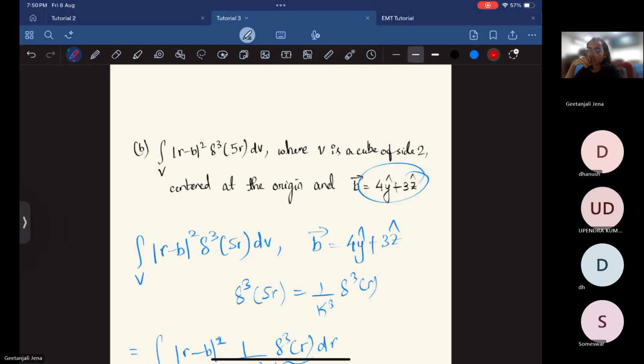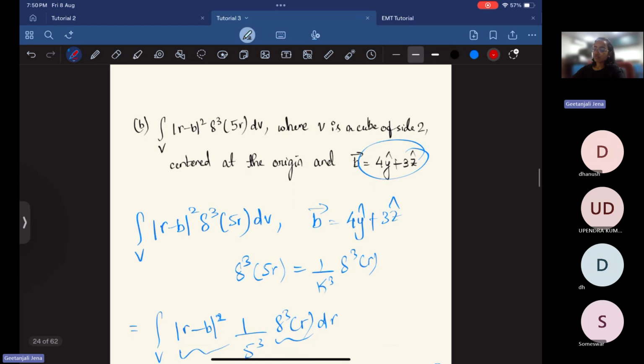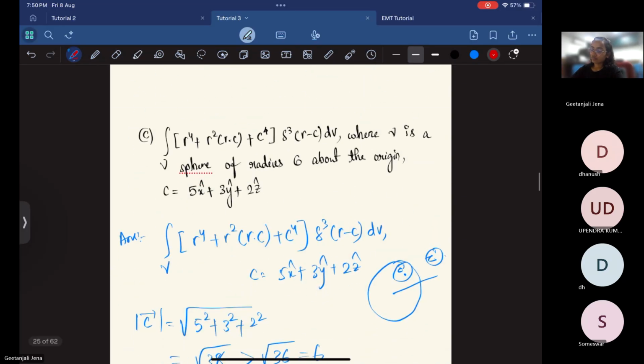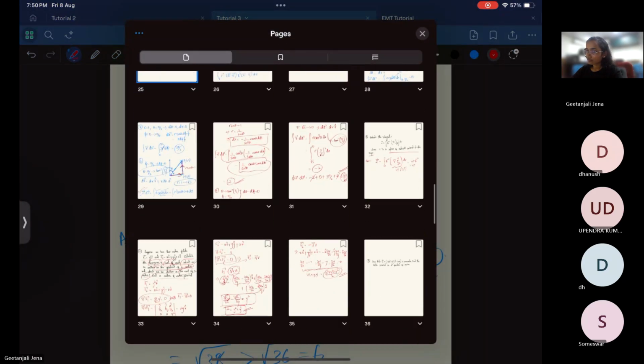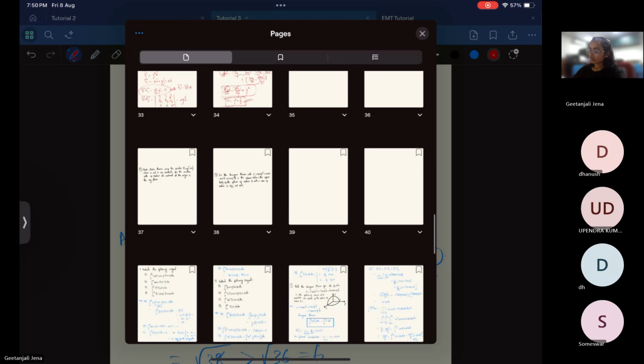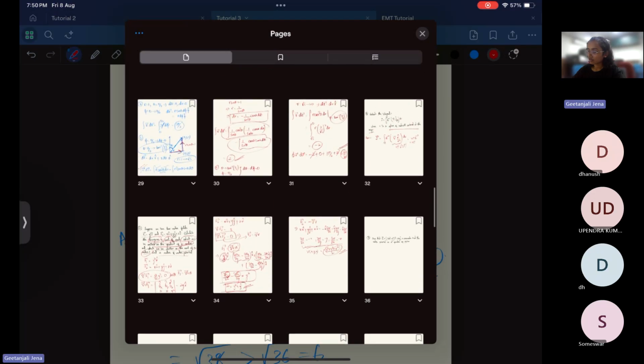So I think it's similar to, let me write the formula. Please give me 1 minute. Where is it?